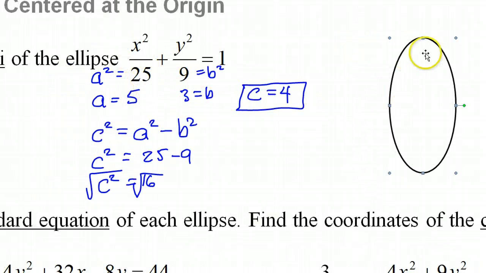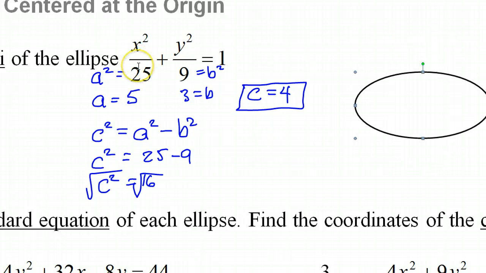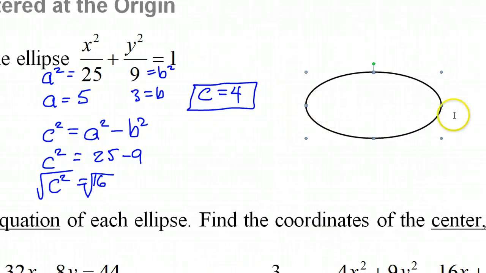Is this going to be a vertical ellipse or a horizontal ellipse? Since the bigger number is with the x value, this is going to be a horizontal ellipse, stretched out in the x direction.